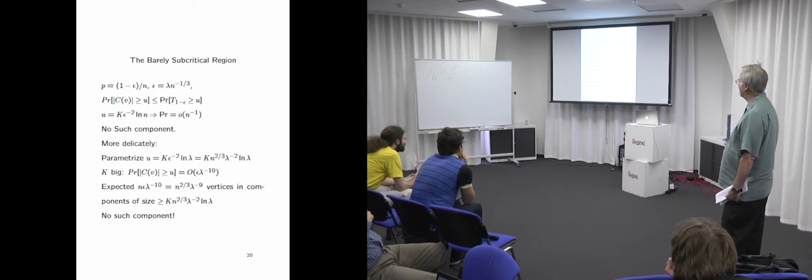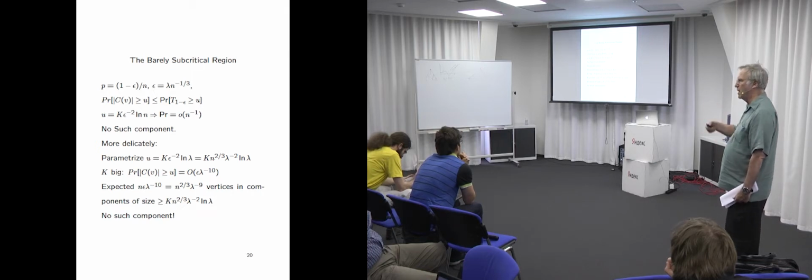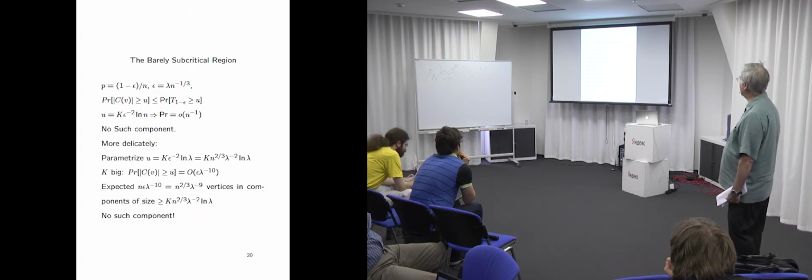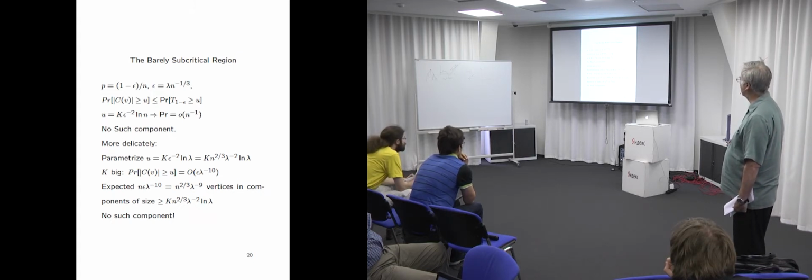If u is epsilon to the minus 2 times log n, the probability will drop to little o(1), because remember, after the epsilon to the minus 2, it's dropping exponentially quickly. So you throw in a log n, that means it's dropping polynomially quickly. So in particular, it's less than n to the minus 1, which means you only have n to the minus 1 starting points, so it doesn't happen. So what that means is that there's no component that's bigger than epsilon to the minus 2 log n. Okay. And then one can do it more delicately.